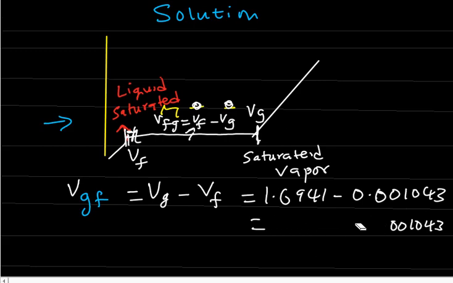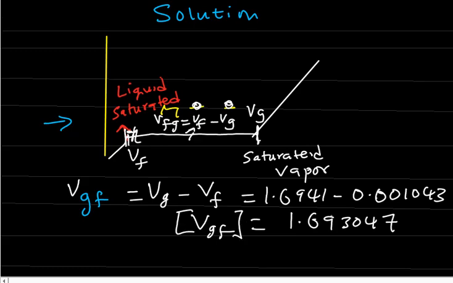Let's do that subtraction. What we have is 1.693057, okay, 1.693047. Now remember, this is specific Vgf.